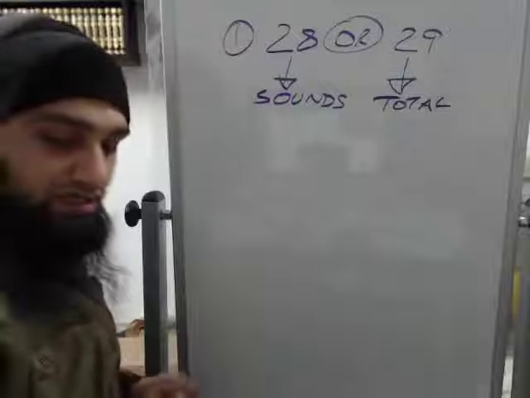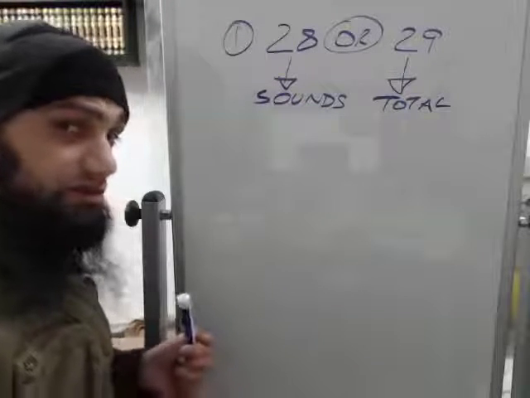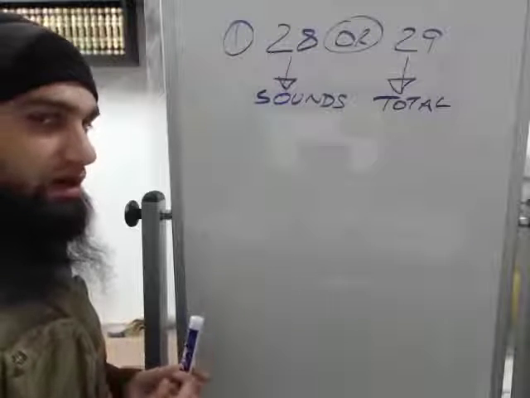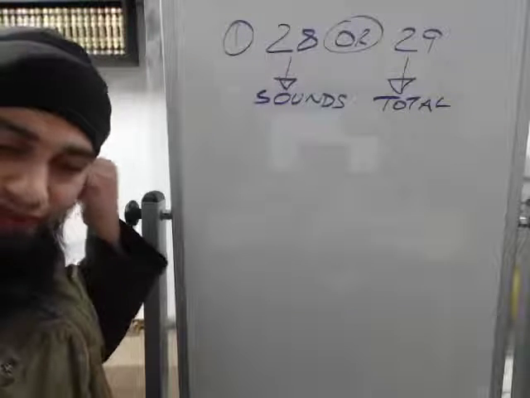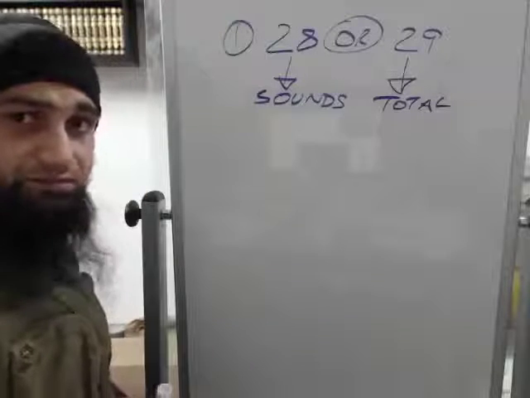Also, you need to understand that there are heavy sounds in the Arabic language and there are light sounds. What do you mean by heavy sounds and light sounds? You will see that practically as we begin our first lesson.